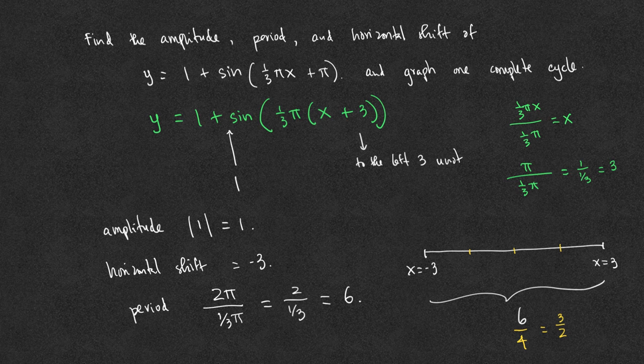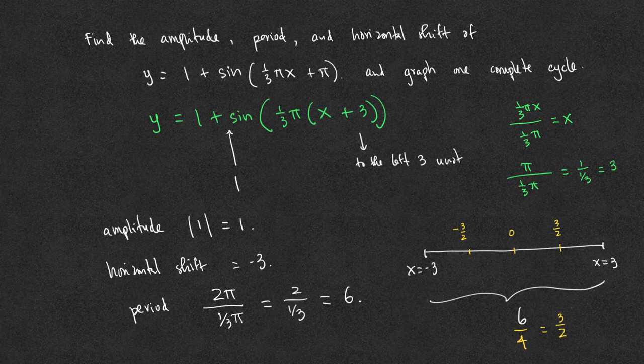We take this length and divide it in half, and then we divide it in half again. And so from -3, we increase it by 3 over 2. -3 plus 3 over 2 is -6 over 2 plus 3 over 2, which is now -3 over 2. -3 over 2 plus 3 over 2 is 0. 0 plus 3 over 2 is 3 over 2. And 3 over 2 plus 3 over 2 is 6 over 2, which is 3.